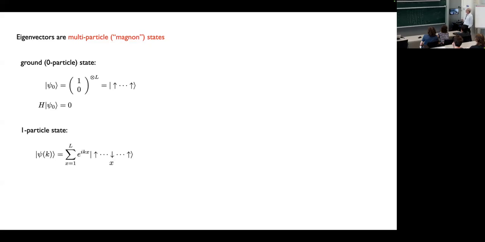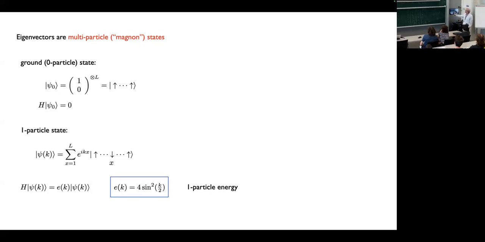For a one-particle state, you flip one of these spins, say at position x, and then you make a superposition of such states, weighted by the phase e^{ikx}. I'll call that state psi k. These are eigenstates of the Heisenberg Hamiltonian. The eigenvalue, which I'll call little e of k, is given by this expression. It'll appear in future slides, so I'll put a box around it. We can regard this as the one-particle energy.